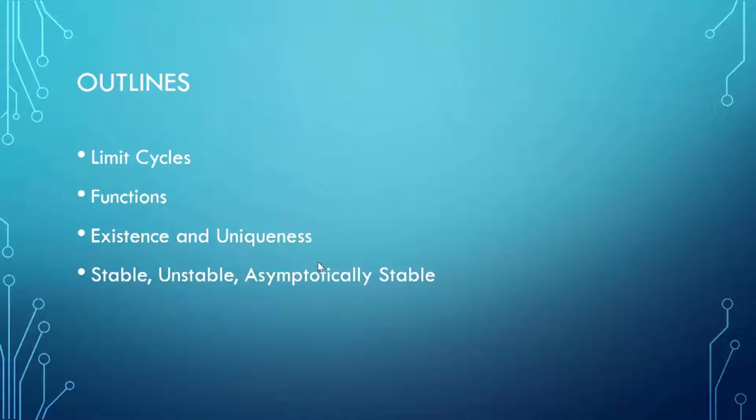It's hard to determine, right? So it's better to have a unique solution. And it's better to prove the stability, and then there will be stable, unstable, and those stabilities.